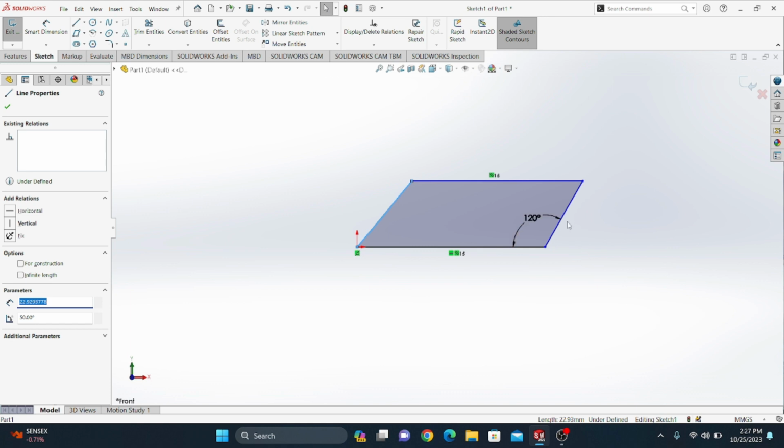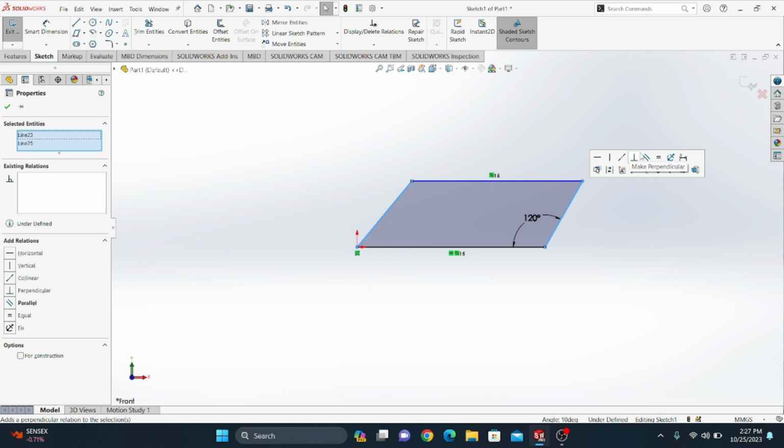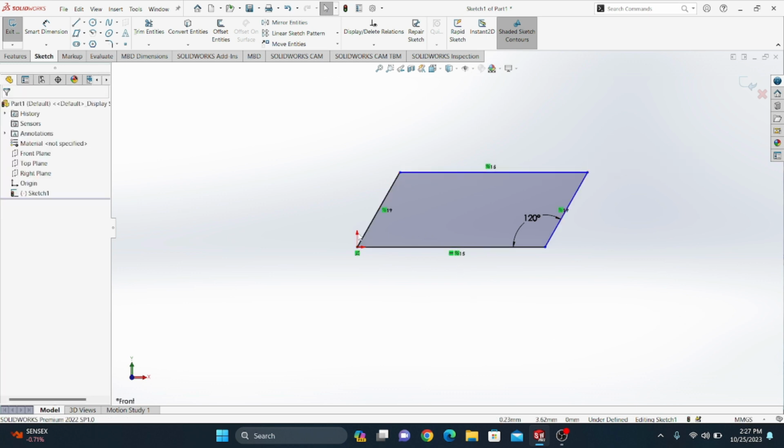So what I need is to select them both and make them parallel. Now this angle will also be 60 degrees because I have defined this. So a defined dimension will decide the relation.